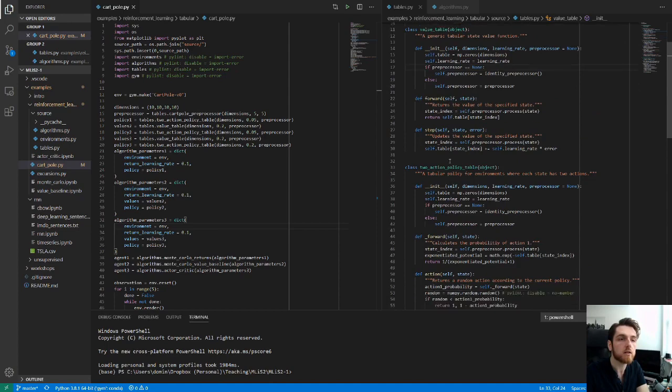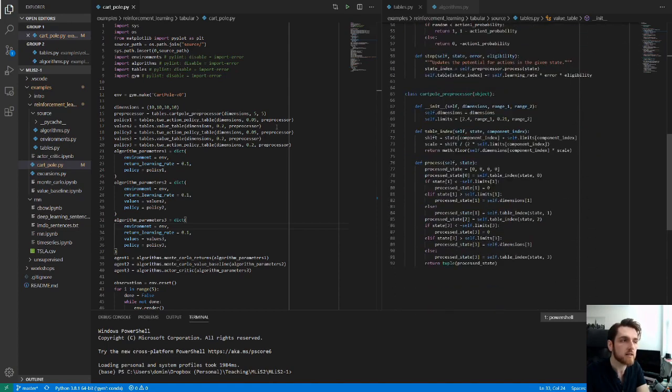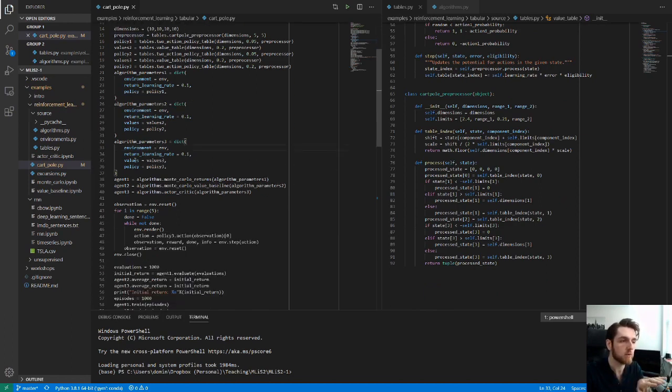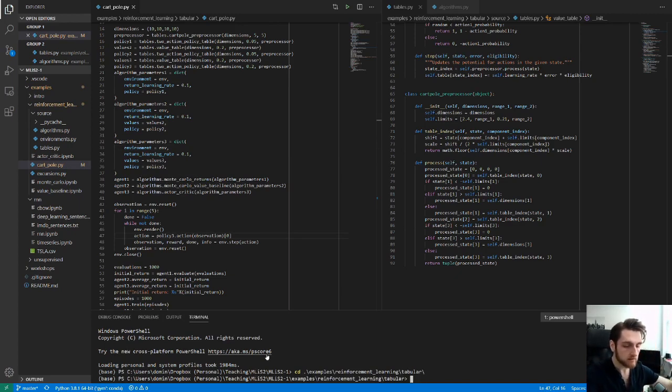So these are based on, first we have this over here on the left. This is just the code creating all the objects and then running the learning algorithms, and it will also, when I run it in a second, run examples. So if I just do that now to demonstrate.